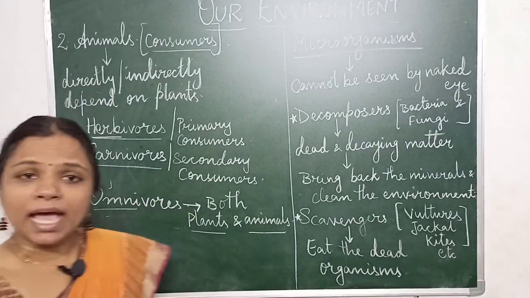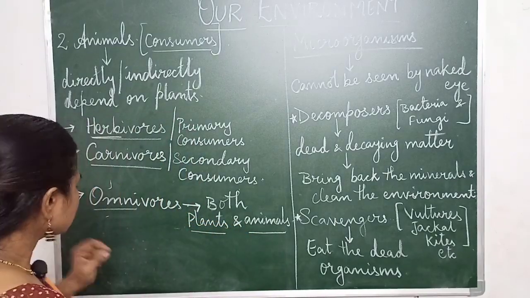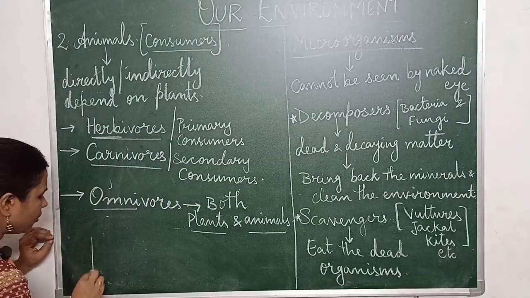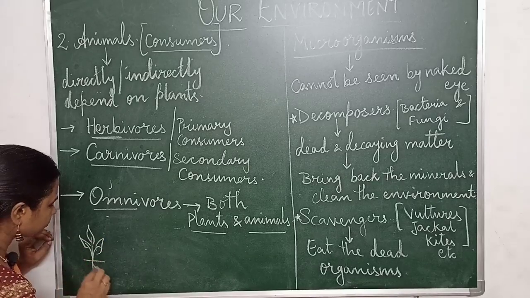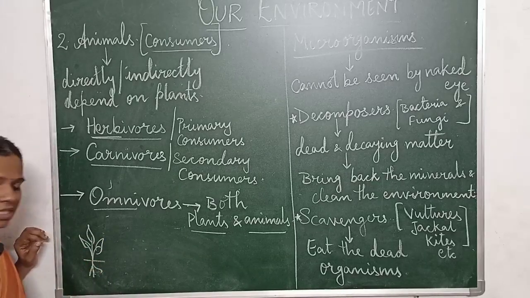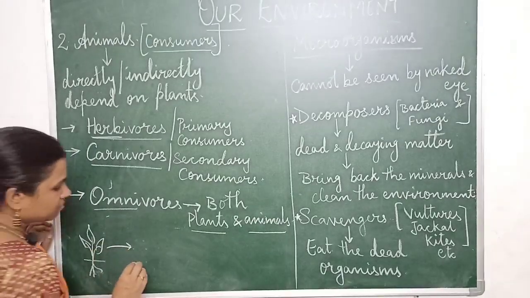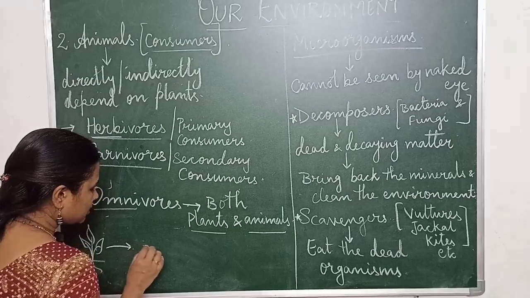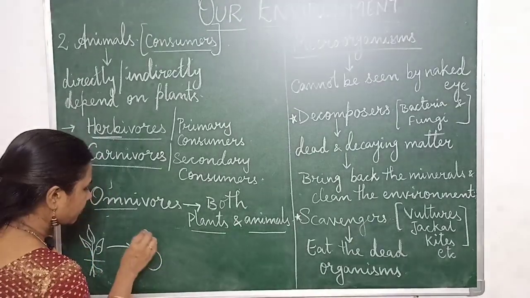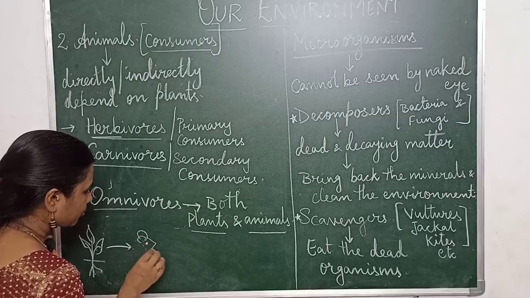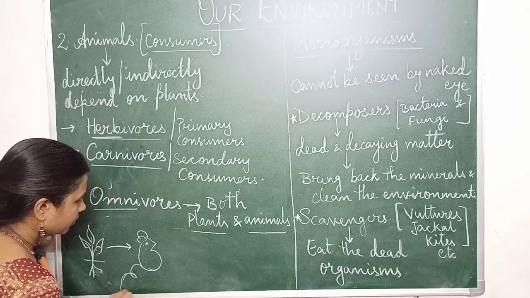Now we know that animals depend on plants. So here I'll just give you one small example, wherein for example this is a plant. So this plant is actually eaten by, you can go with, a rat.